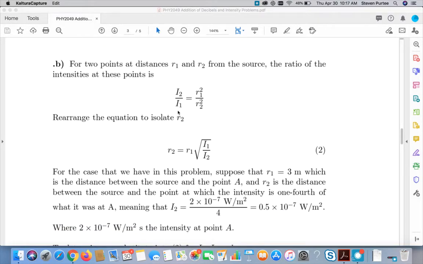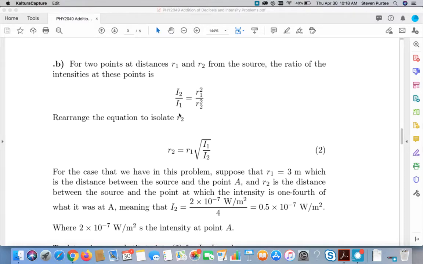Now here's all the math backing that up. The ratio of two intensities. Remember, I is watts per square meter, and we think of our power as radiating out in a sphere from our source. So at some distance r away, the surface area of that sphere would be 4 pi r squared. So I is the power divided by 4 pi r squared.